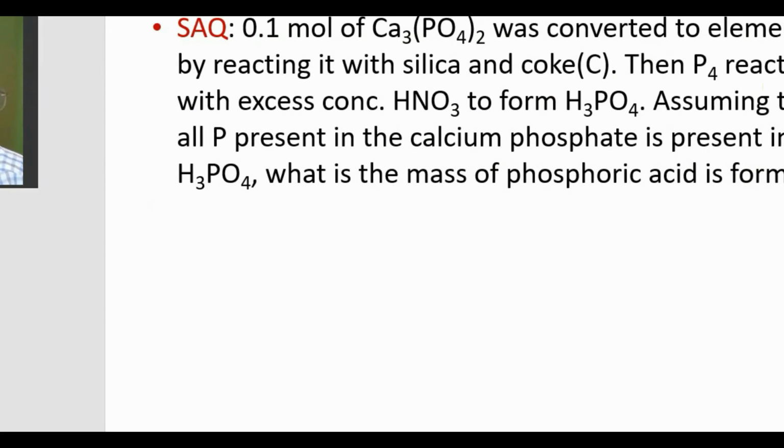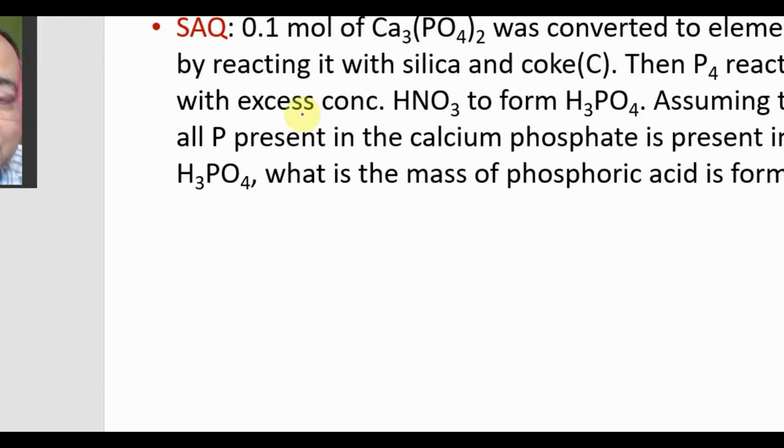Here also a similar kind of thing. I think you can do it on your own. It's already 53 minutes. 0.1 mole of calcium phosphate was converted to phosphorus element by reacting this rock phosphate, the calcium phosphate, with silica and coke and heating the mixture.